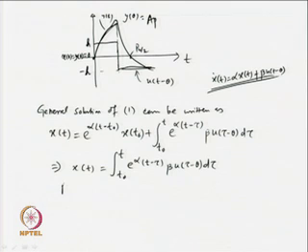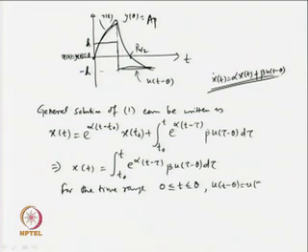But for the time range 0 is less than equal to t is less than equal to theta, we know that the input u t minus theta is equal to u tau minus theta is equal to positive h. Then the x t can be written as x t is equal to e to the power alpha t, then integral t 0. Now, t 0 equal to 0, we start the analysis from time t equal to 0.